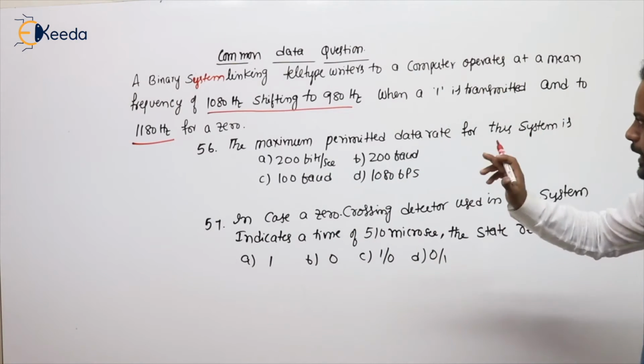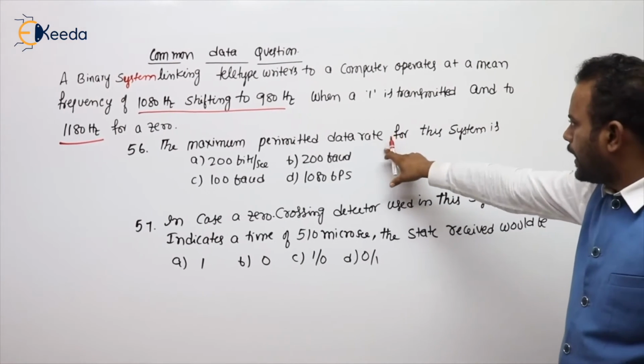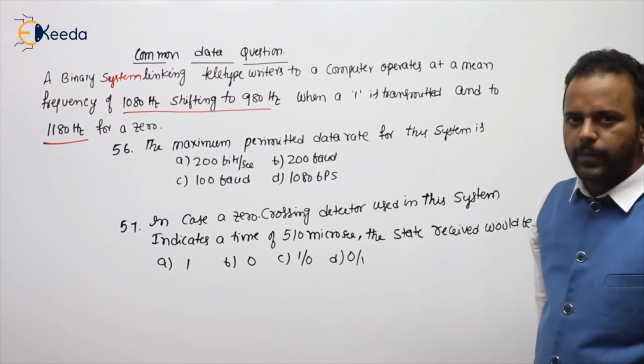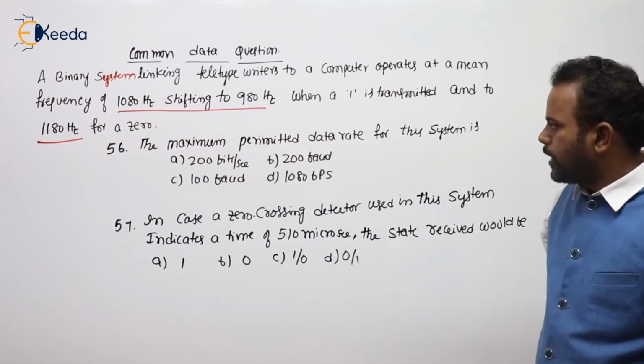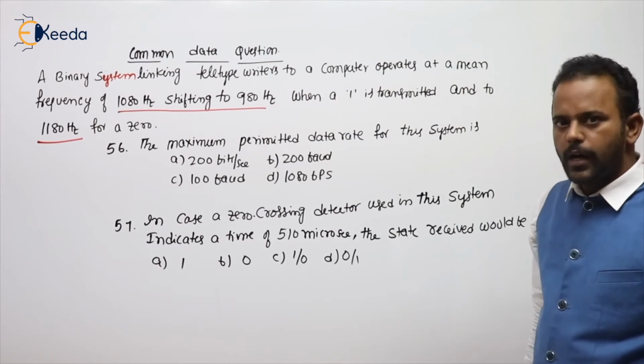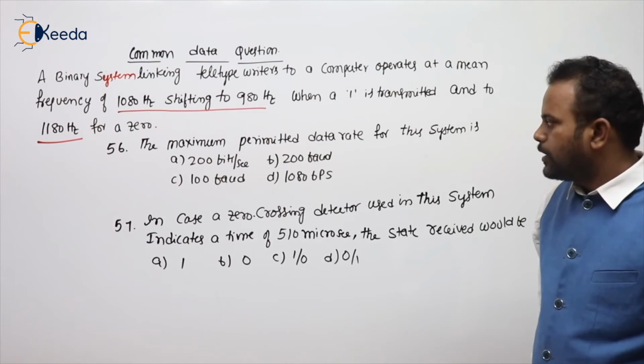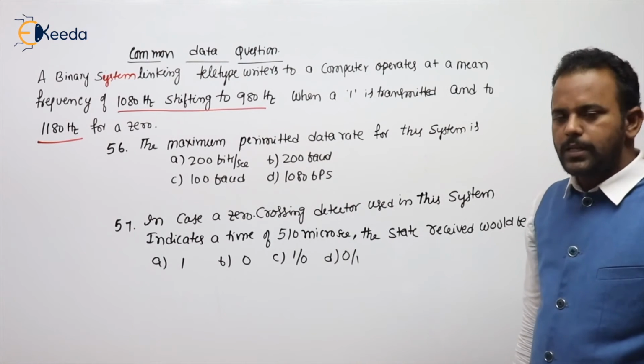First question, the maximum permissible data rate for this system is: option A 200 bits per second, option B 200 watts, option C 100 watts, option D 1080 bits per second.